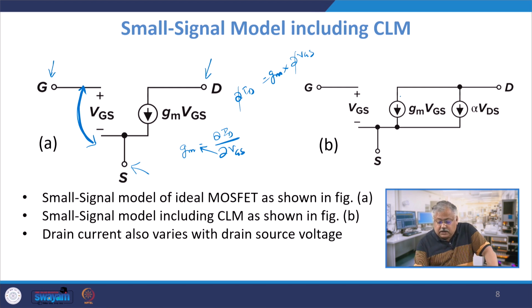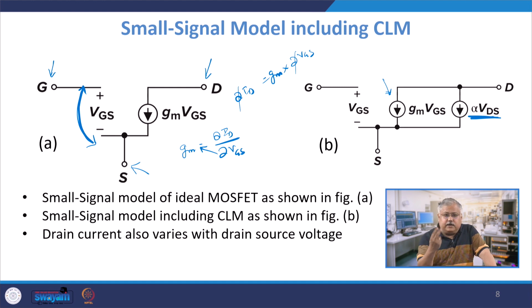Let's come to with CLM. With CLM, you have a current which is a function of VGS for sure, which has to be there because it's a FET device. But you also have a current now which depends upon alpha times VDS. It is a drain dependent current which is flowing, and it is supporting my primary current. The direction of the current sources is exactly the same in both cases.